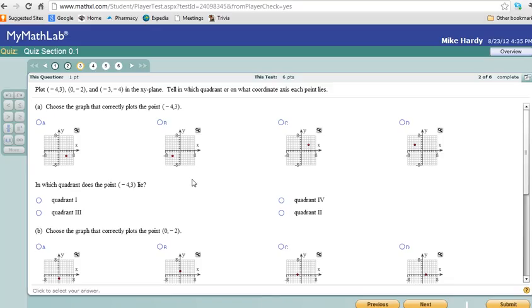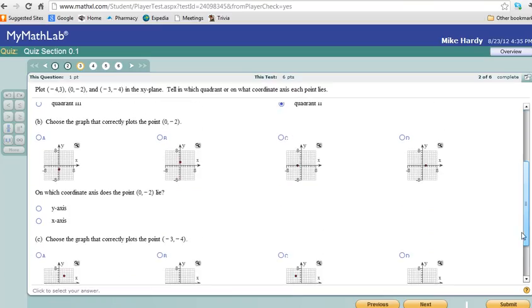Alright, choose the graph that plots -4, 3, that's back 4, x -4, and up 3 units. That looks like D. In which quadrant does this point lie? That's quadrant 2. That's depicted there. Choose the graph that correctly depicts the point 0, -2.